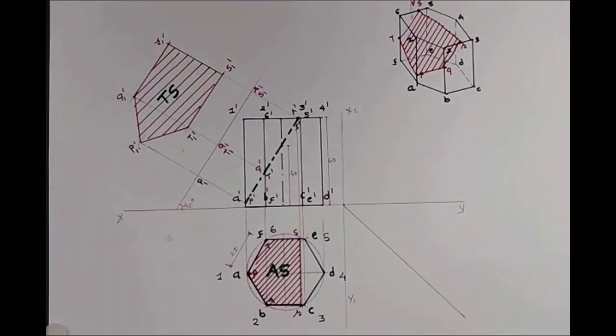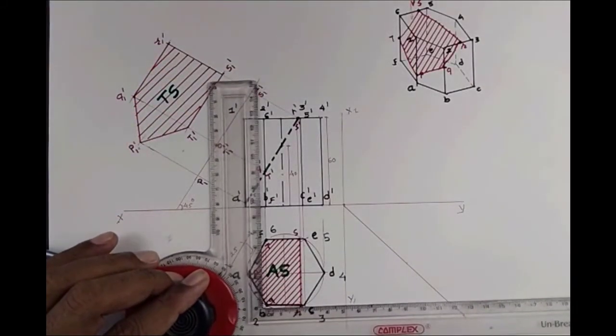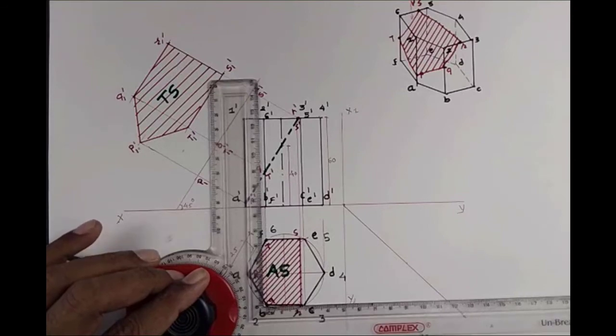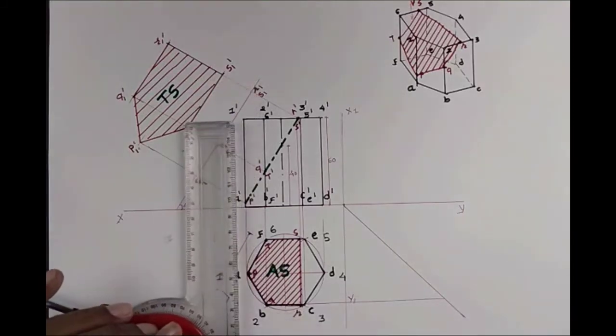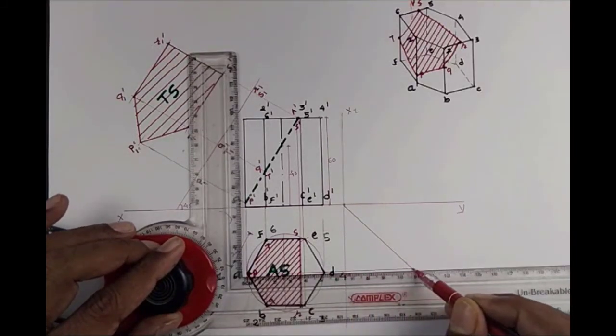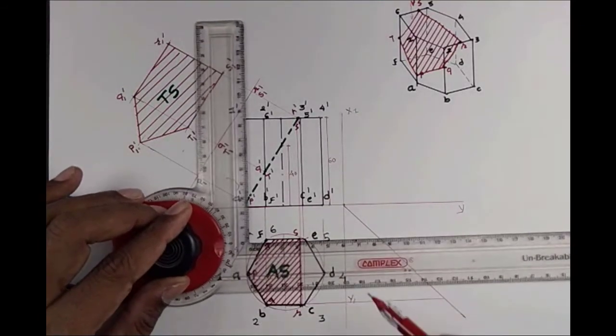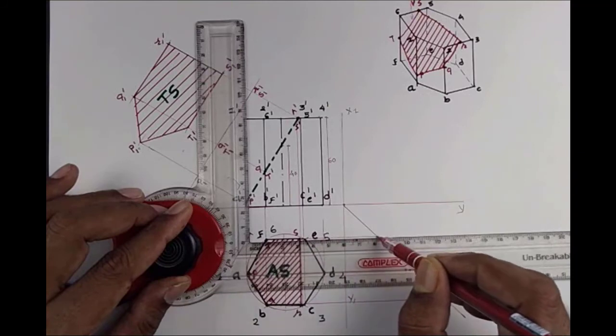Then you can transfer points from the apparent shape and the points which are lying on your elevation. So first I take the projection from Q and R, then the projection from P, and the projections for S and T. It cuts our inclination line.